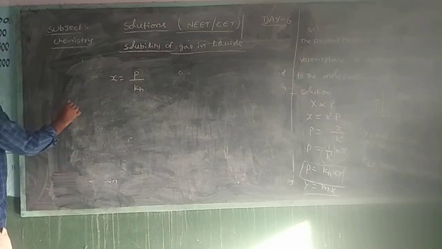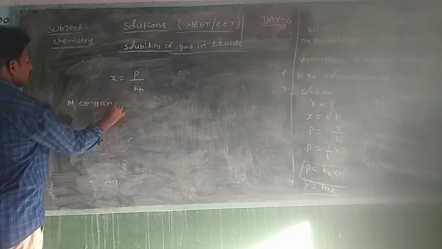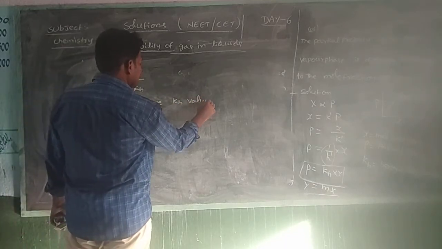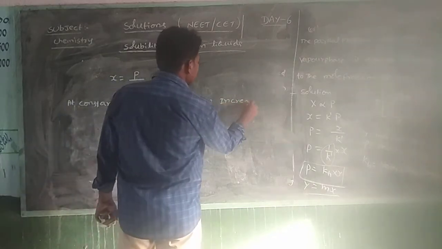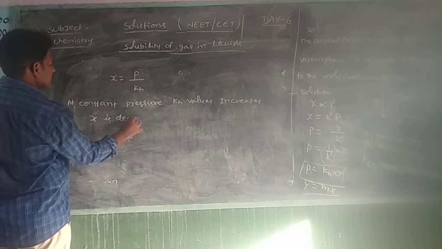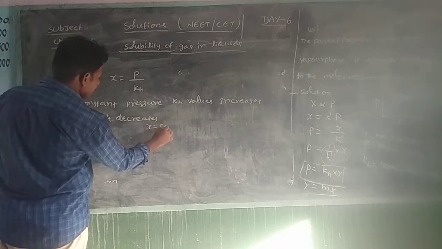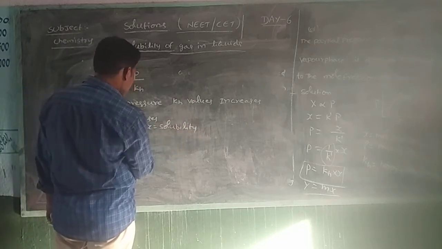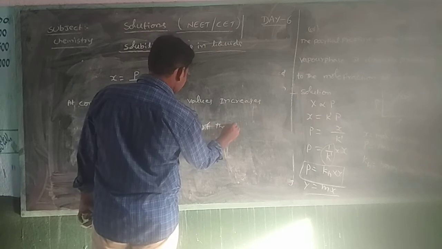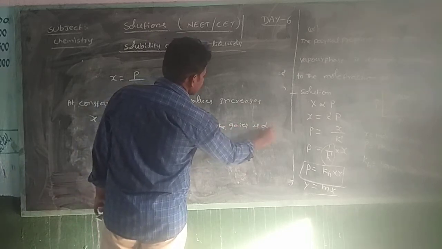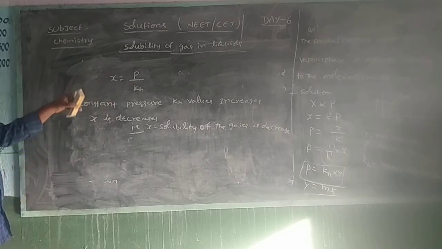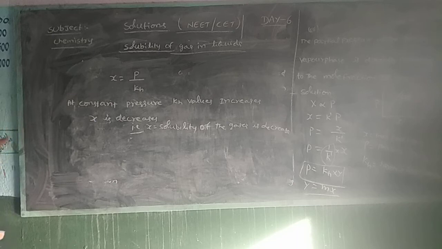At constant pressure, when the KH value increases, x decreases. x means the solubility of the gas, so the solubility of the gas decreases. At constant pressure, as KH increases, the solubility of the gas also decreases.